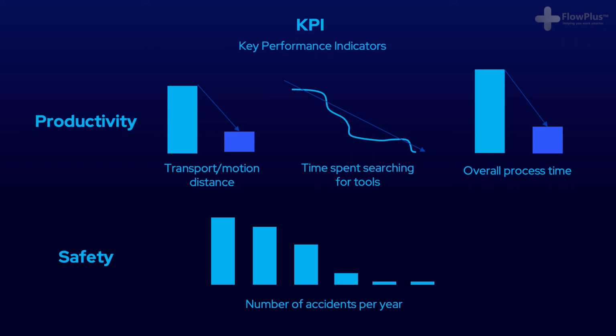The transport and motion distance has reduced from 35 metres to 4 metres, while the time spent searching for tools and equipment has gone down from 110 seconds to 5 seconds. This would signify a successful 5S initiative and be used as the starting point for further improvement.